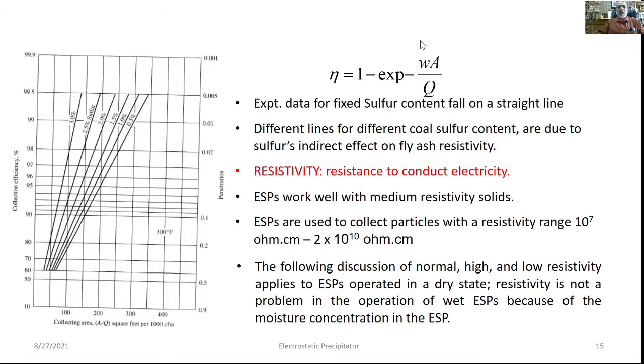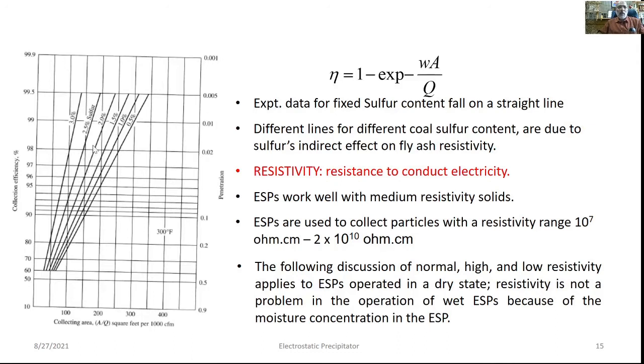As we make use of this efficiency equation, and take into account the fixed sulfur content that is present in the coal, the experimental data for the fixed sulfur content fall on a straight line as shown in this graph.